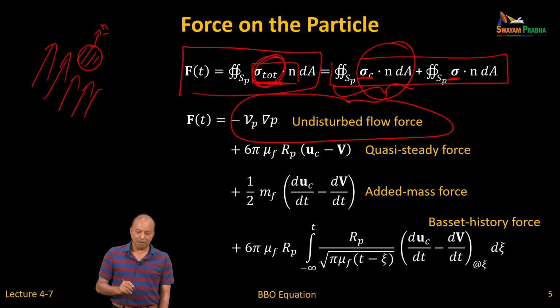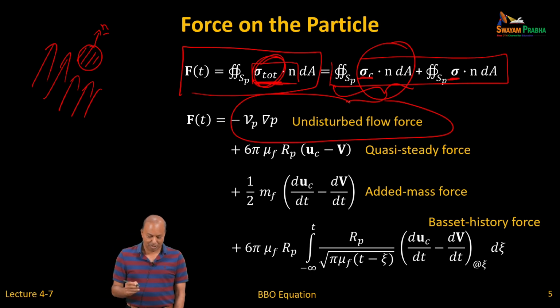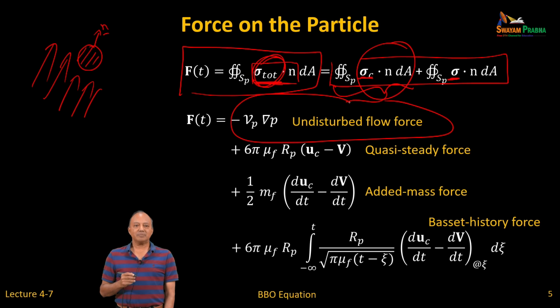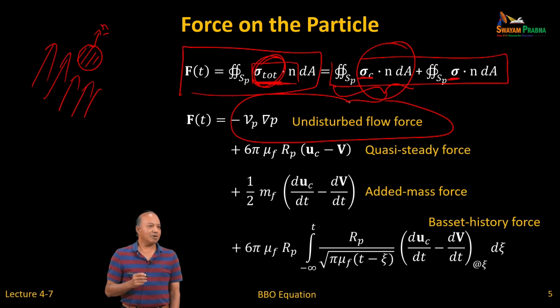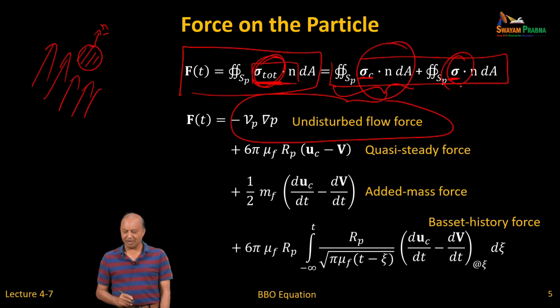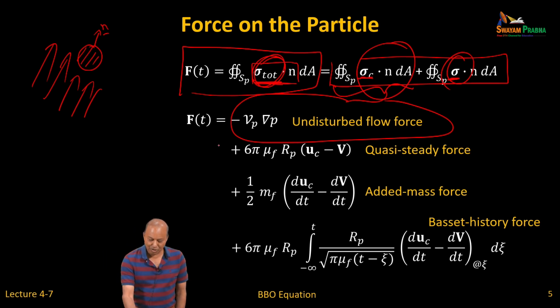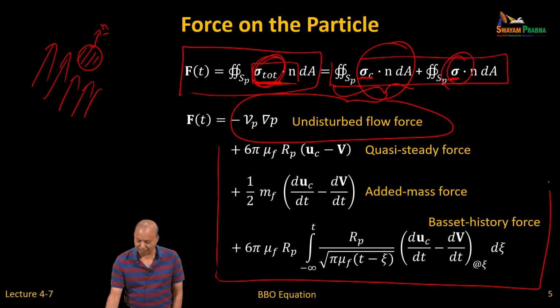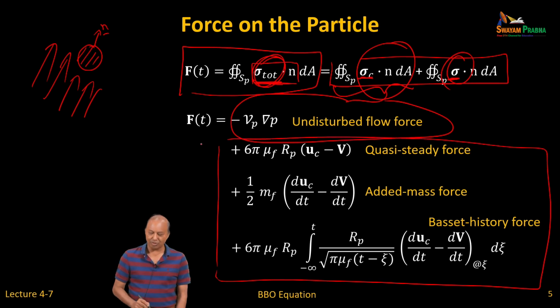Now when you put the particle, it perturbs the flow, it makes the flow go around it, it will make the flow satisfy no slip, no penetration, and so on. And that creates a perturbation flow whose stress field is sigma. When you integrate that on the surface of the particle, you get three terms.